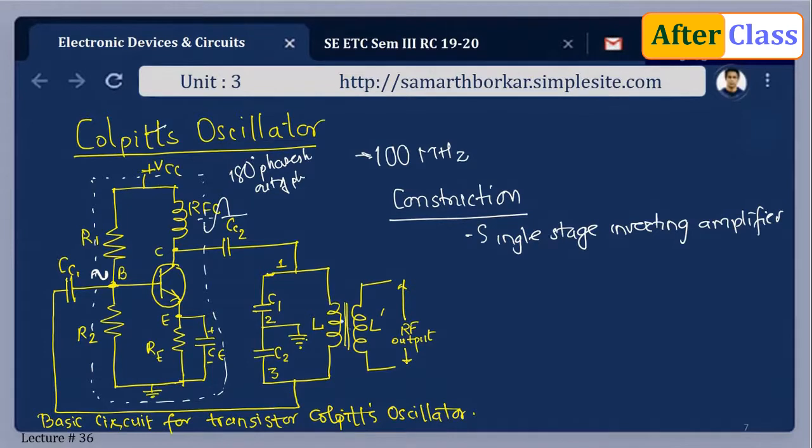And here we have an LC phase shift network. This is what we have discussed in the previous slide. The two series capacitors C1 and C2 form the potential divider used for providing the feedback voltage. In fact, the voltage produced across C2 provides the regenerative feedback required for sustained oscillation.